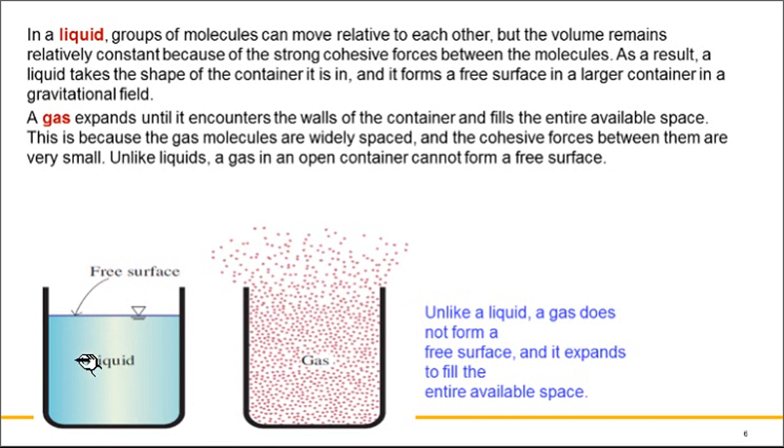The liquid will take up the shape of the container on the lower side, whereas the gas molecules will occupy the entire volume of the container, right? And if the container is open from the top, the gas molecules will escape out from the container, right? This is not the case with liquid.